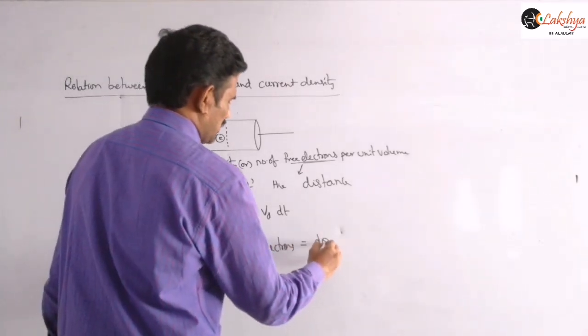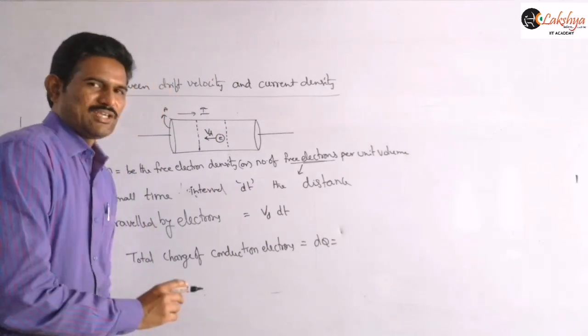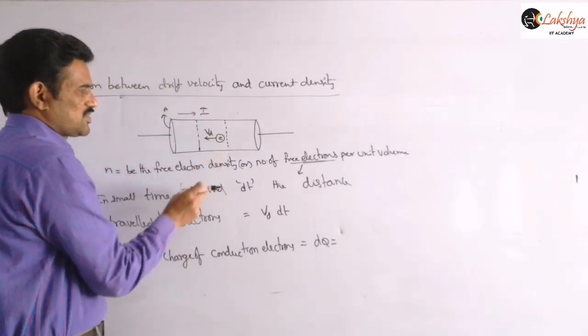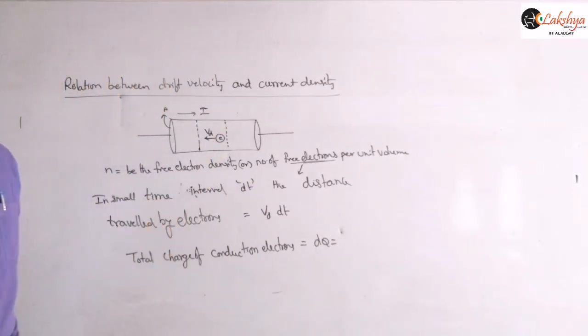I am taking this as dq, right? So dq is the amount of charge present on all the free electrons we are taking there.